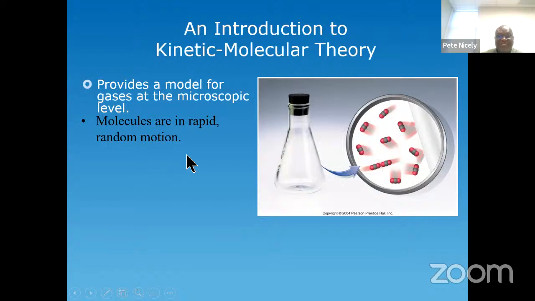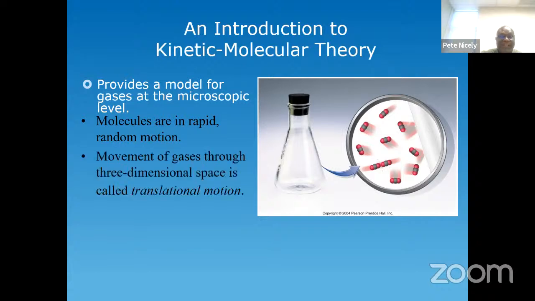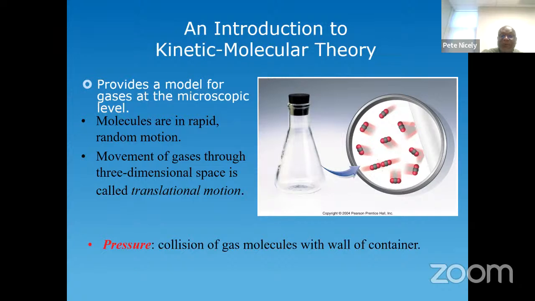The theory says that the particles of a gas are highly energetic, always moving around, bumping into each other and bumping into the walls of the container. In fact, the motion of these particles is said to be translational. They tend to move in straight lines until they hit each other or hit the walls of the container, right? And when they hit the walls of the container, because of the force of that collision, that collectively manifests what is called the pressure exerted by the gas on the walls of the container, right?